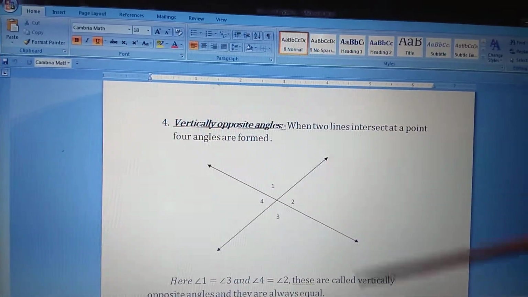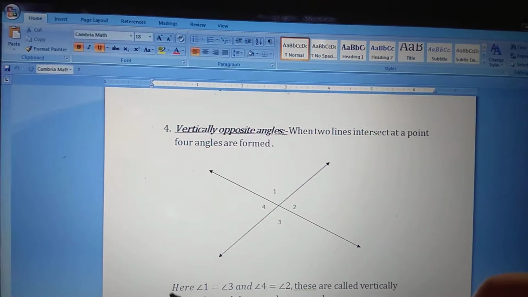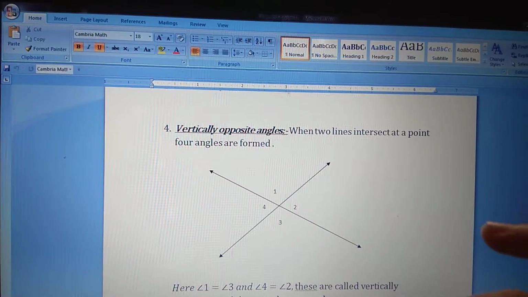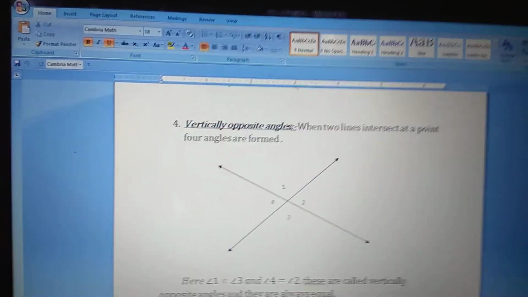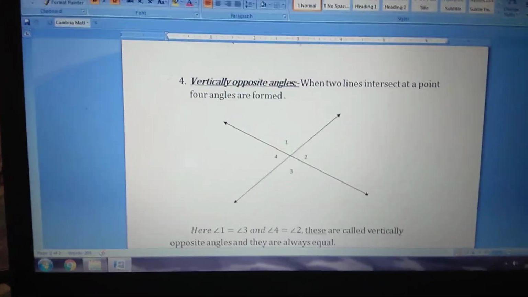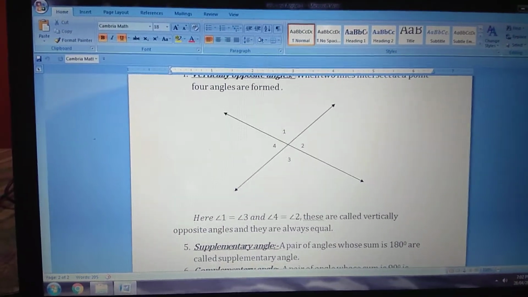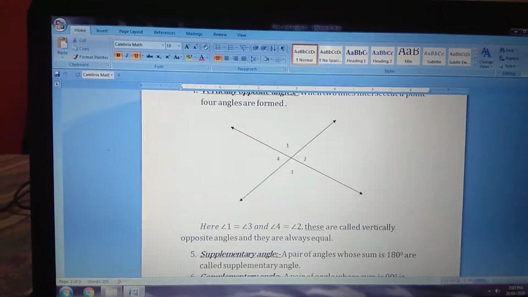These pairs of angles are called vertically opposite angles, and they are always equal. So the criterion of vertically opposite angles is that they are always equal. I hope my explanation is clear to you all.